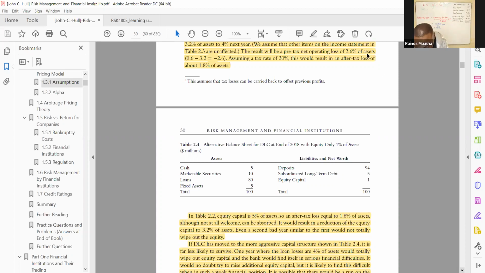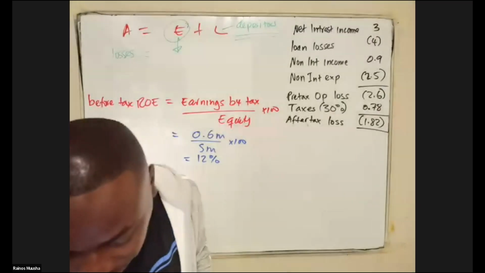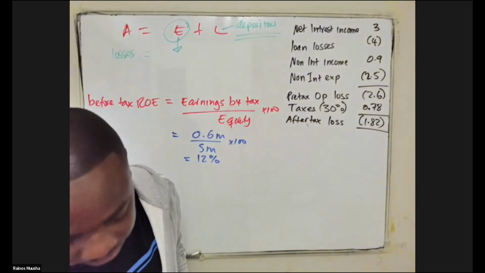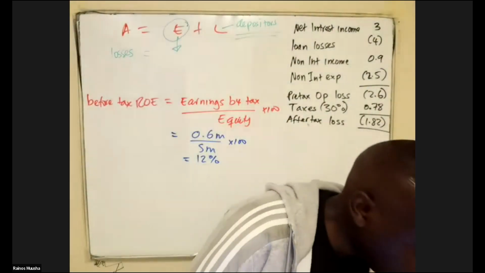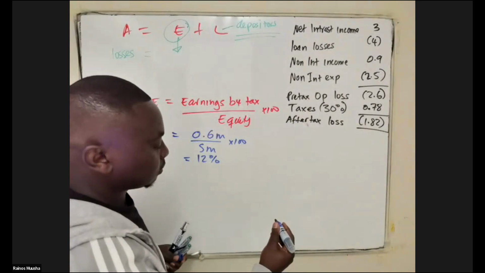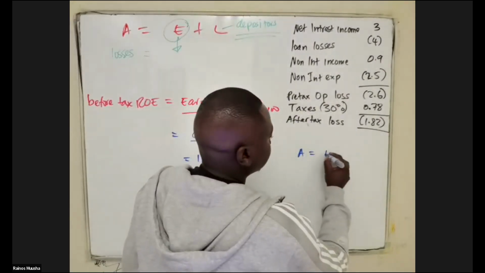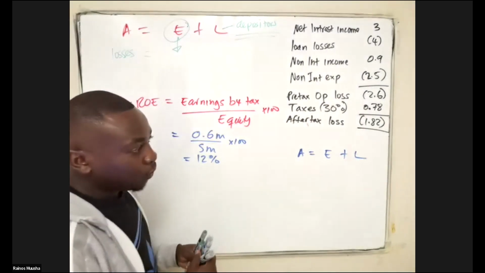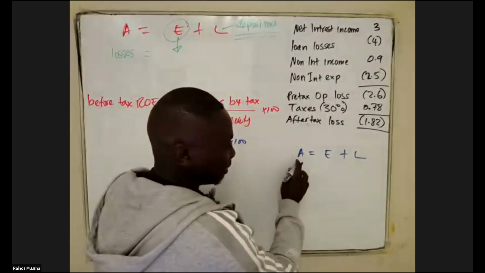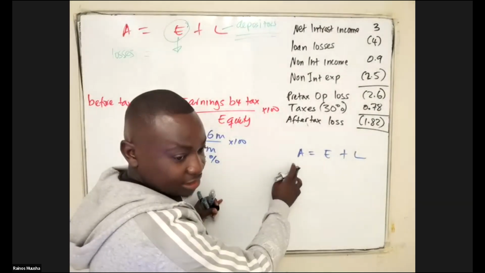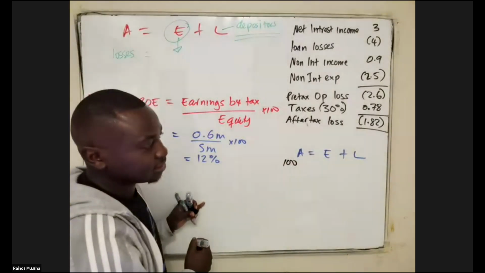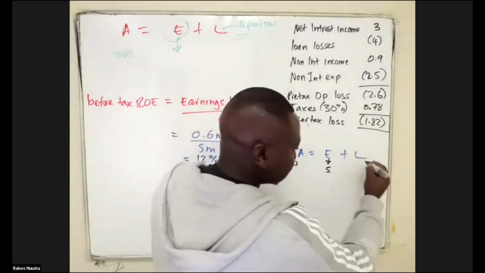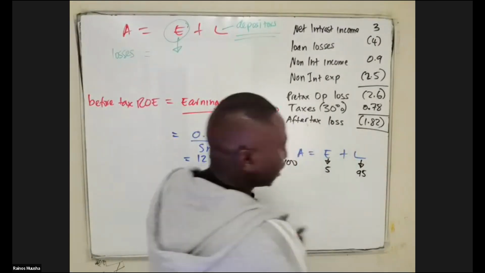What they're trying to say here is that if you look at our accounting equation initially, we saw that our assets equal equity plus liabilities. Initially, of our financing of 100 million in assets, equity was 5 million, and the other was 95 million, right?